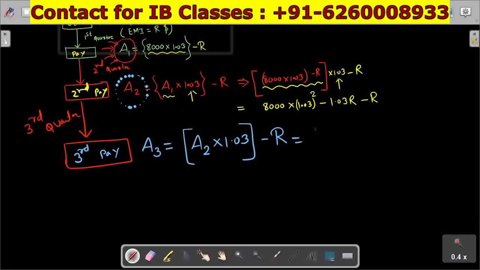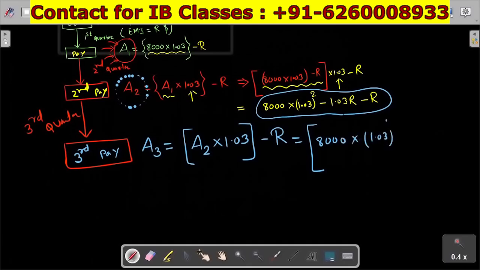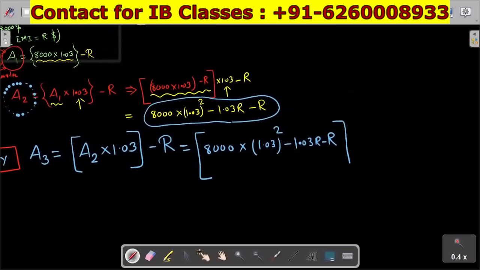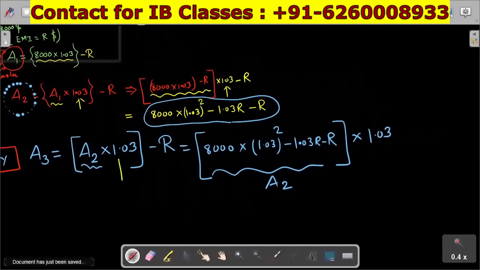Now put the value of A2. This is the expression for A2, and we have to substitute it. So this is 8,000 into 1.03 square minus 1.03 R minus R. This A2 is multiplied by 1.03, so this 1.03 gets multiplied here, and the rest is negative R. We will simplify this a little bit.